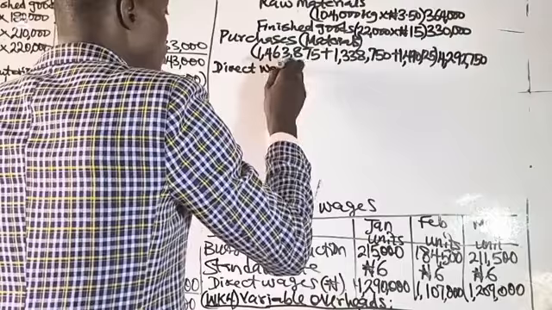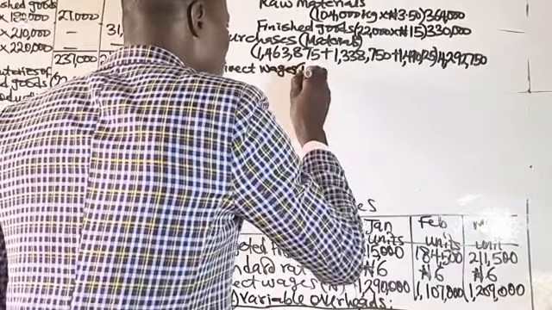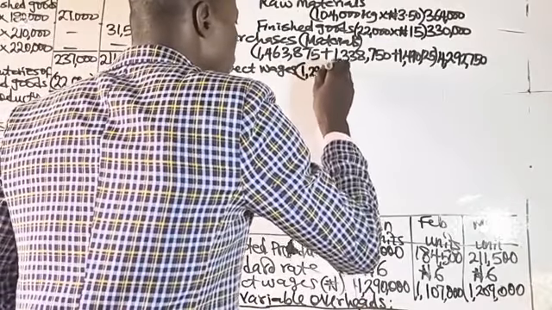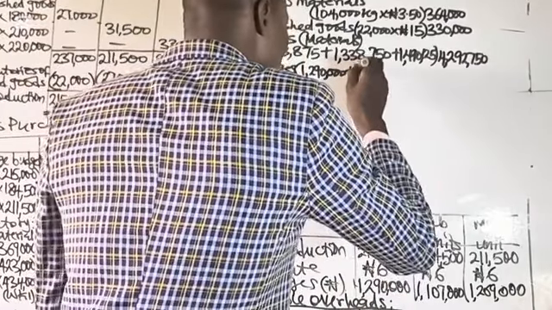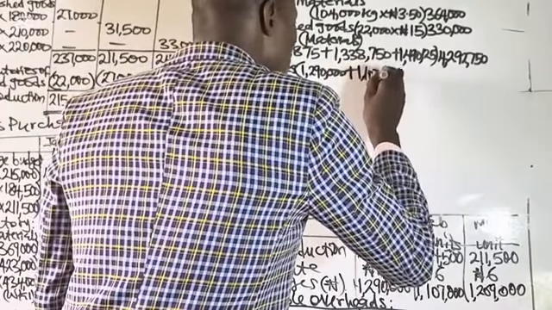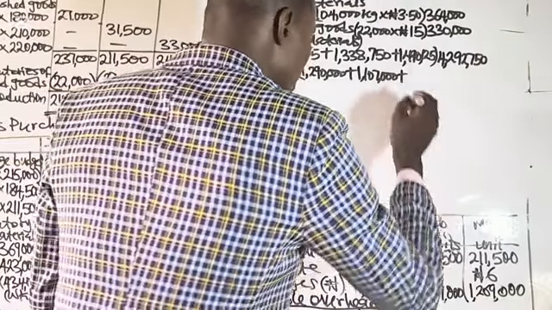So we have direct wages in January, 1,290,000. In February, 1,107,000. In March, 1,269,000.